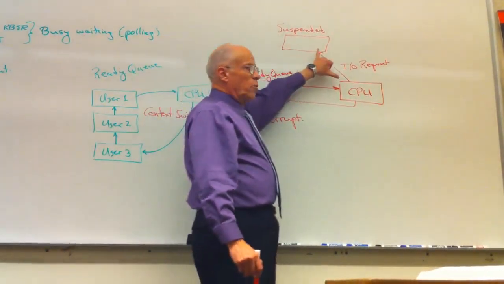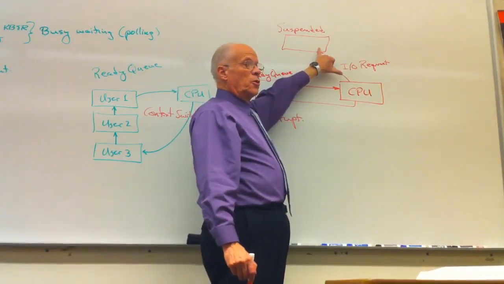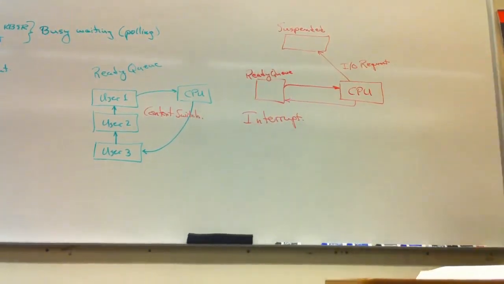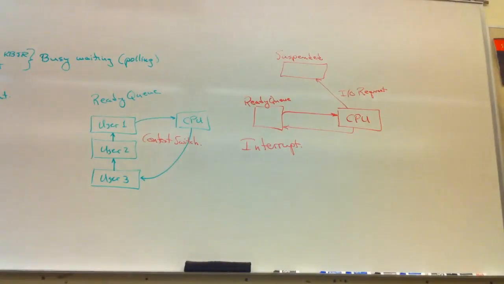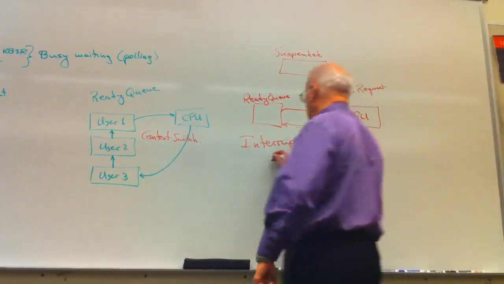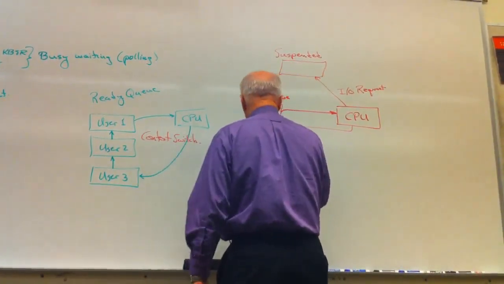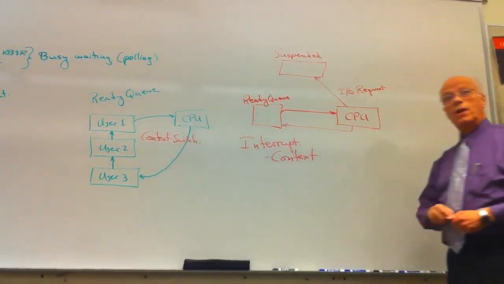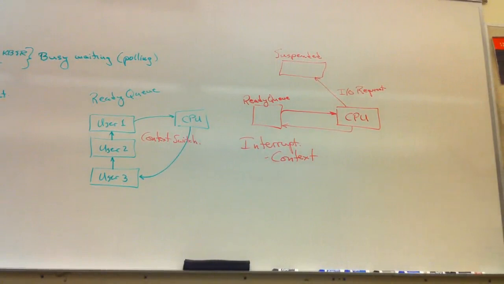When you make an I/O request and your program gets suspended, there's some information that is kept relating to what's happening with your program. Part of it, of course, just like this context switch, is that it saves a complete context, so that when your program comes back into the CPU, it will look to that program as though nothing has changed.